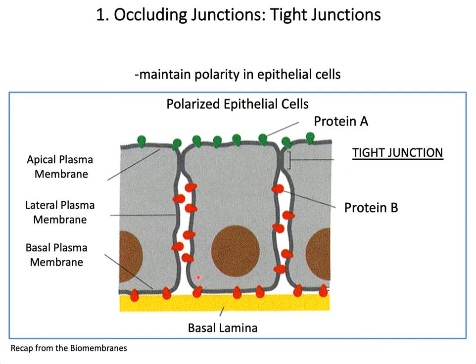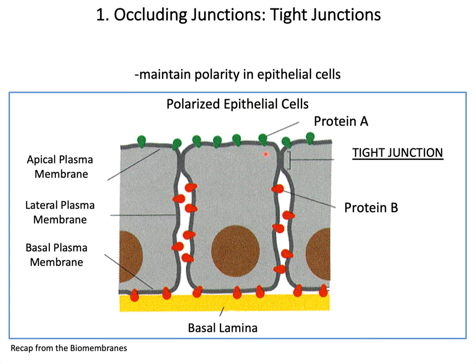Likewise, basolateral membrane-specific proteins, in this example protein B, can usually move freely within the basolateral domain, but cannot cross over to the apical domain. For this reason, the epithelial cells are referred to as polarized, because they have different proteins on one end compared to the other.